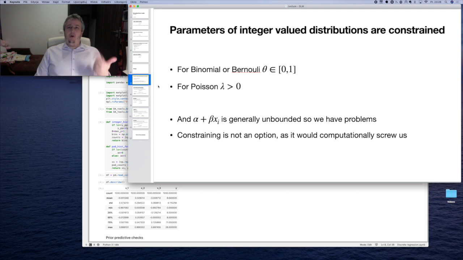Why? Because parameters for integer-value distributions are constrained. For example, for binomial and Bernoulli distributions, we have probabilities, and probabilities are constrained to the 0-1 interval, and we can't do anything about it. For the Poisson distribution, we have the rate parameter, which is a real number greater than 0, which is again a constrained parameter.